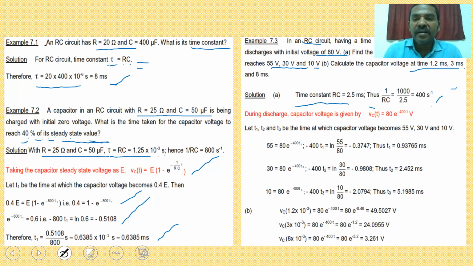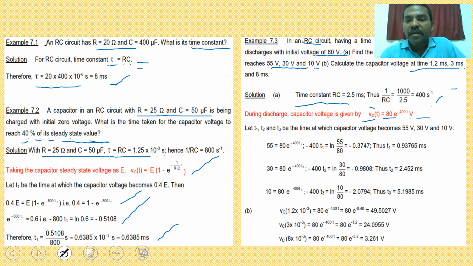Initially the capacitor voltage is discharging from 80 volts. So your formula is voltage across the capacitor is equal to 80 e power minus t by tau. So t by tau means e power minus 400 t volts.